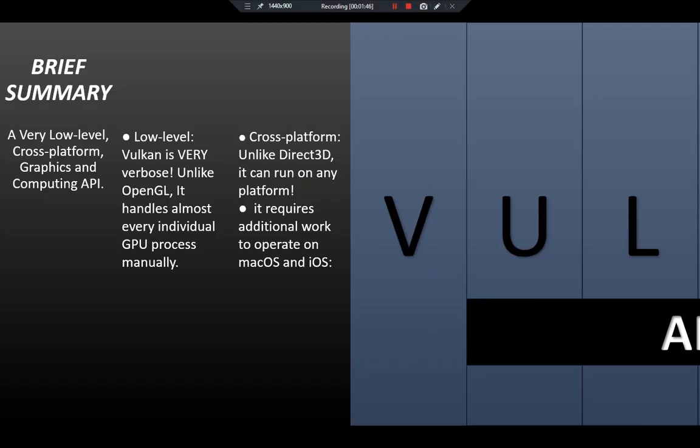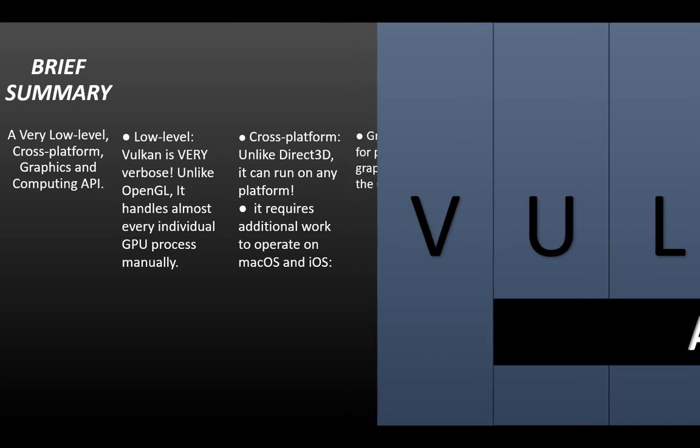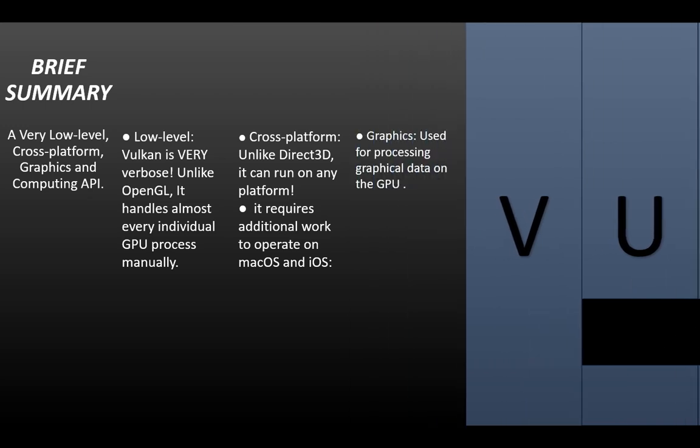But on macOS, it requires some additional work to operate, and I will show you where you can check out what additional work we should do to work with macOS. If you have macOS, then I'll teach you what you'll have to do to set it up on your system. So, okay, we've discussed the cross-platform part.